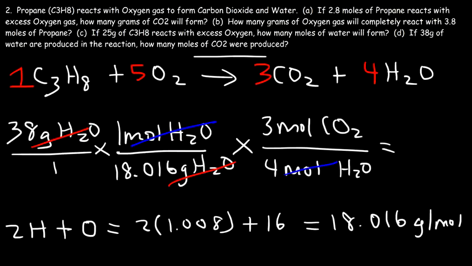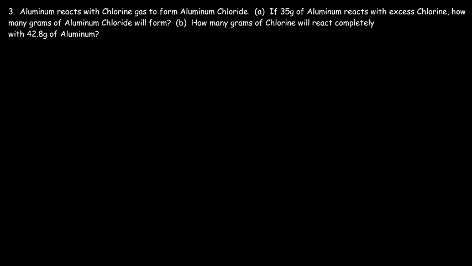So it's going to be 38 divided by 18.016 multiplied by 3 divided by 4. So the answer that I have is 1.58 moles of carbon dioxide. And that's the final answer.